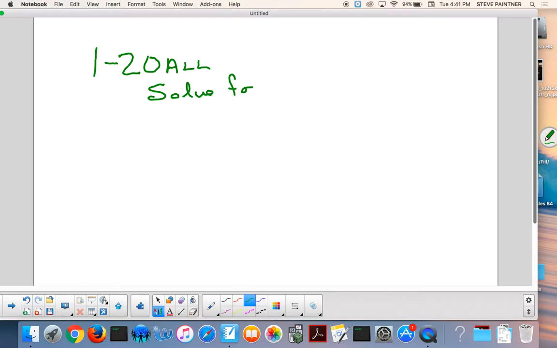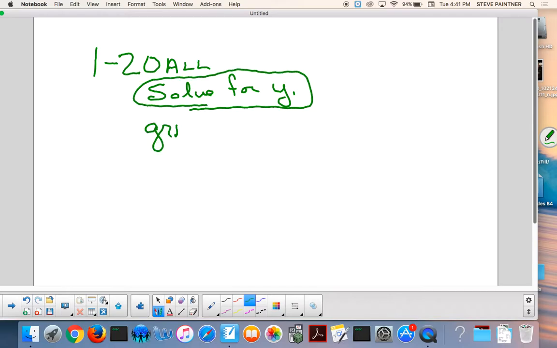Okay. Not only did I ask the students to solve for y, but I also said please graph certain problems, and the problems were 3, 6, 9, and then I don't remember the other 3, so let me go look that up.